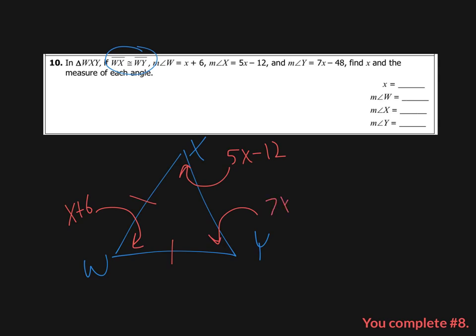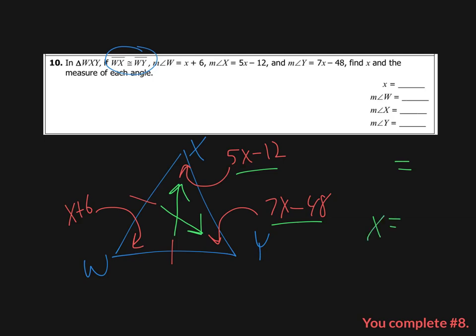That's 7x minus 48. Now, which of these angles are congruent? Keep in mind, opposite the congruent side are the congruent angles. So opposite this side is that angle, and opposite this side is that angle. So it looks like 5x minus 12 and 7x minus 48 are the congruent angles. I'm going to set them equal to each other.